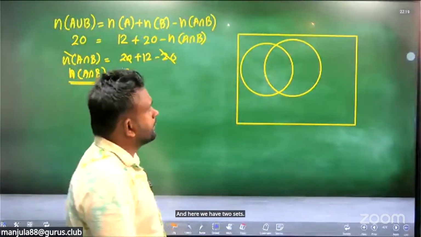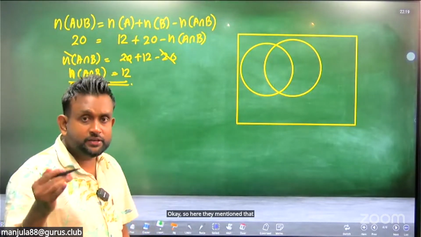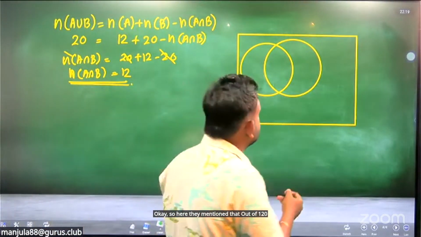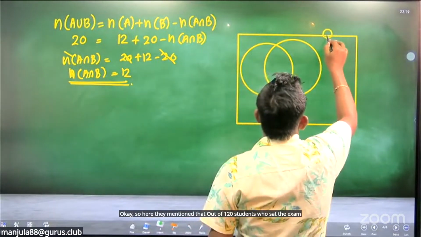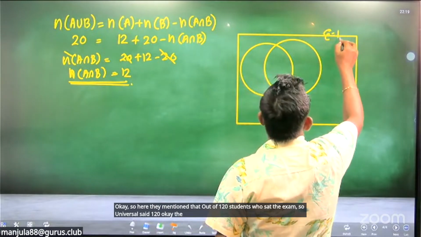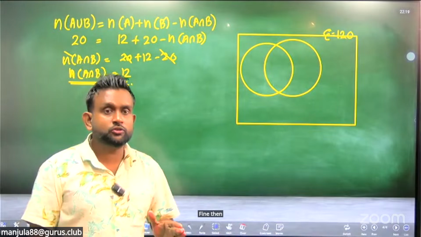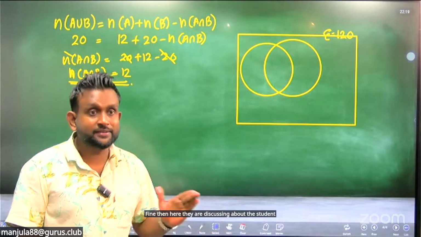They mentioned that out of 120 students who sat the exam, so the universal set is 120. Then they are discussing the students who passed mathematics and science.